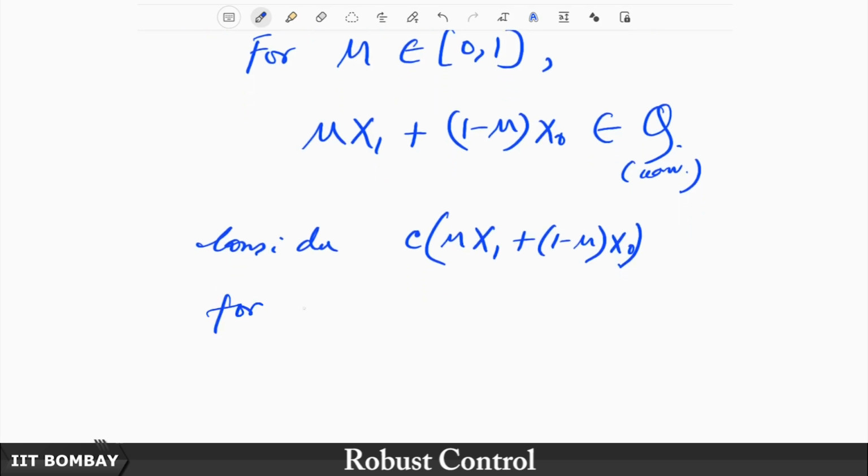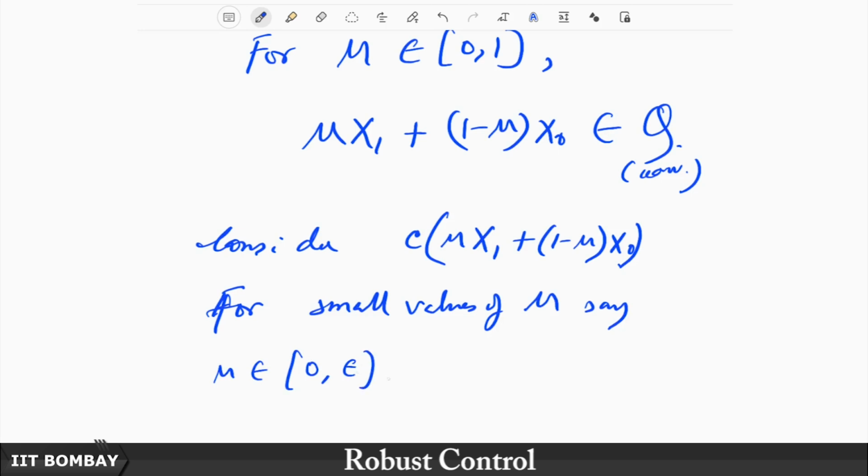For small values of mu, say mu belonging to 0 to some small epsilon, we know that this point is very close to x naught. It is almost 1 minus epsilon times x naught, and x1 has very small weight. So, this is a point very close to x naught.